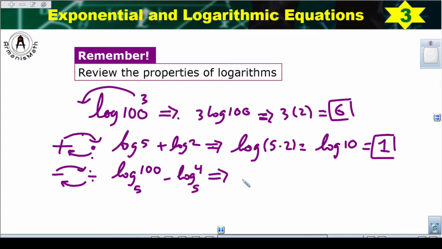Well, the property says it's going to have 100 divided by 4, same base, which is log of 5. What is 100 divided by 4? 25. So now my question is, 5 raised to what power gives you 25?